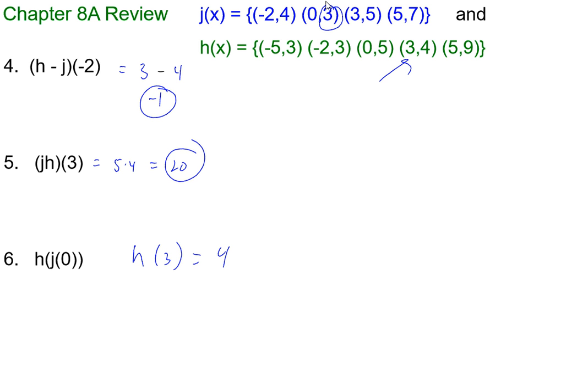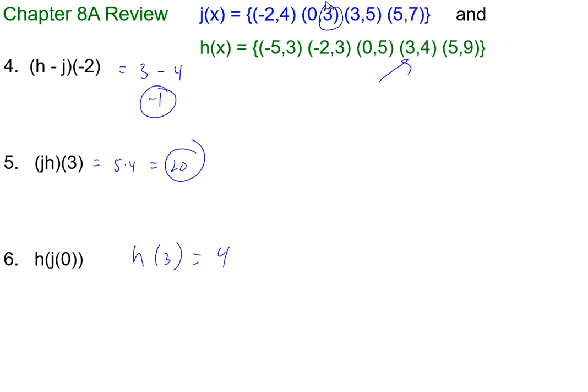And h's output when its input is 3 is a 4. Okay? That's what composition is. Composition is take the output of the second function and put it in as the input of the first function.